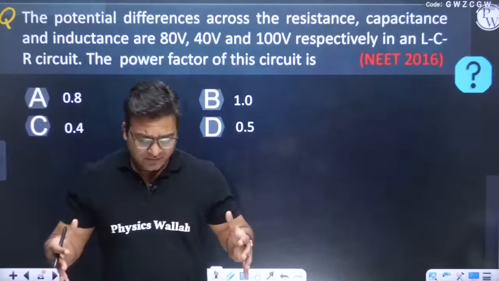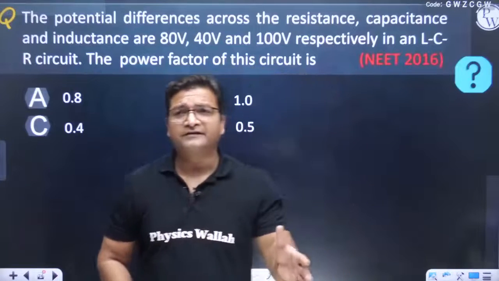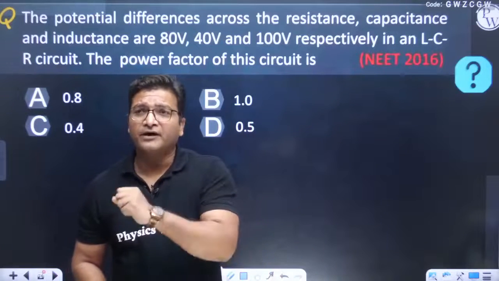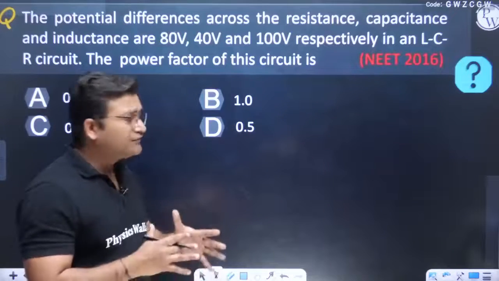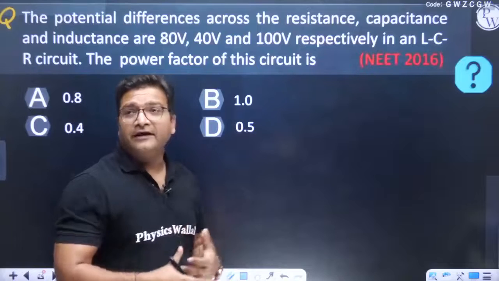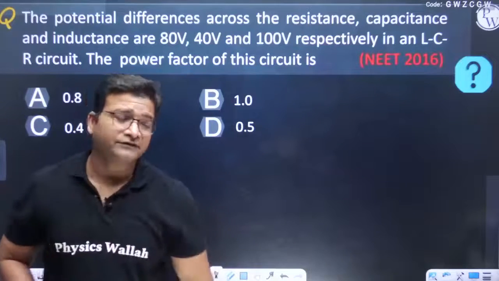Over to the next question. In this question, we are given the potential difference across resistance, capacitance and inductance as 80 volt, 40 volt and 100 volt. As the individual voltages are given, let us draw the phasor diagram and check the values. We have to know the power factor of this circuit.